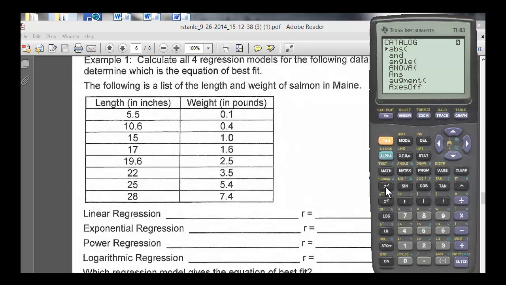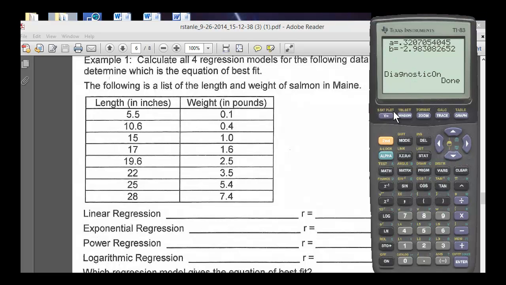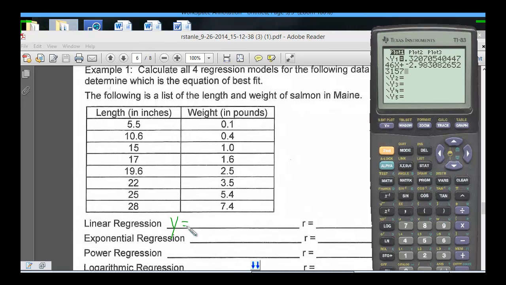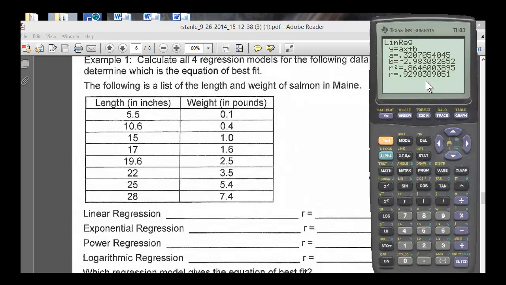Second, 0, x inverse, down, Diagnostic On. Now, go to Y equals, press the Vars key, 5 for Statistics, right arrow to EQ, and Enter. Y equals 0.321x minus 2.983. The correlation coefficient out to 6 decimal places is 0.929839.